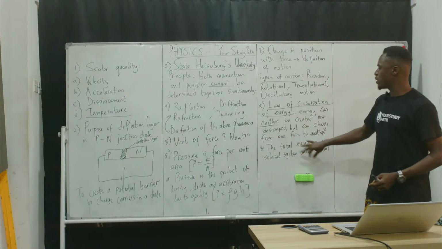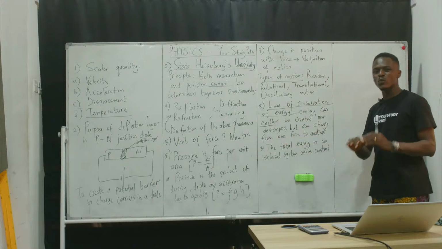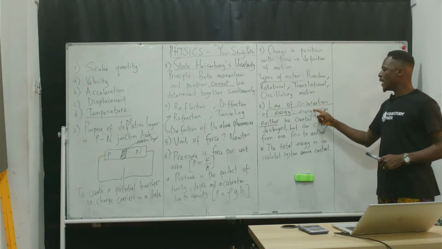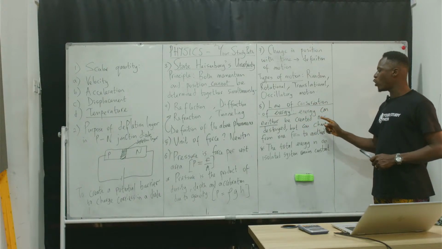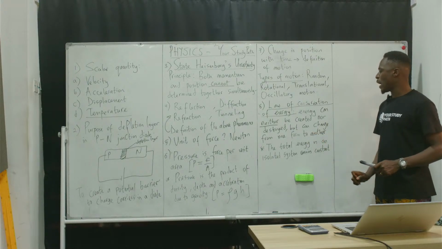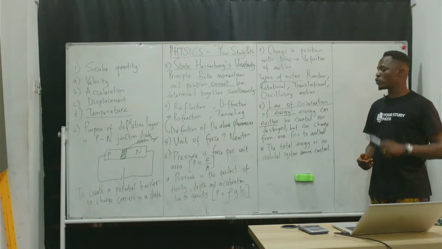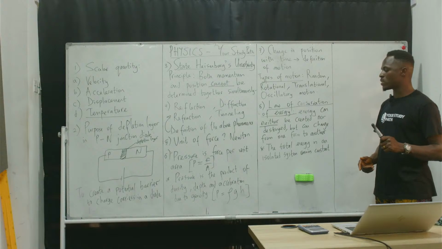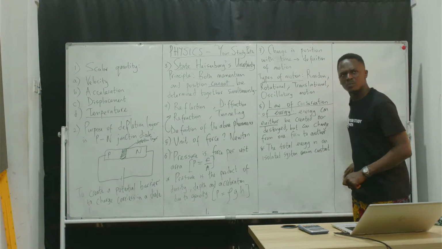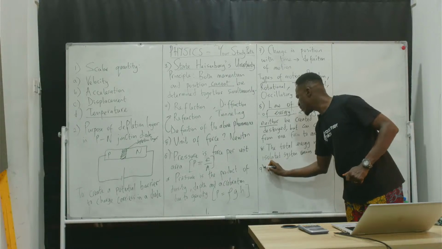So this aspect remains the second way of presenting the law of conservation of energy. Energy can neither be created nor destroyed, but you can change them from one form to another. Then you can say that the total energy in an isolated system remains what? Constant.